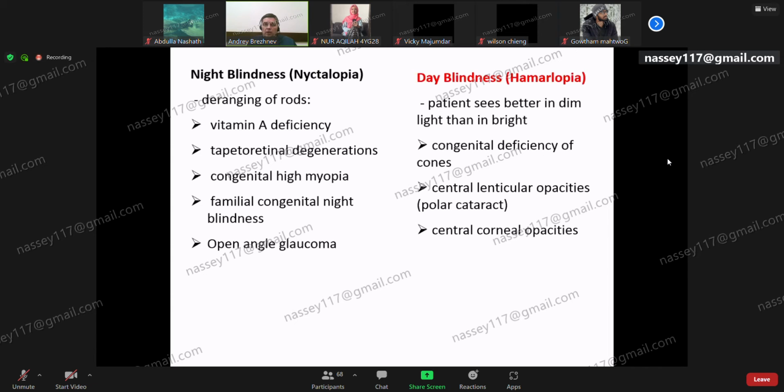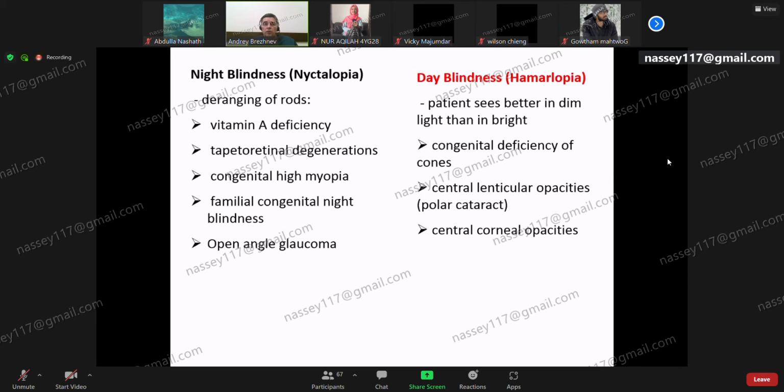Ops means eye or vision, and nyctos means night. So night blindness, as we know already, the night or scotopic vision is a function of rods. Therefore, the conditions in which functioning of these nerve elements is deranged will result in night blindness.